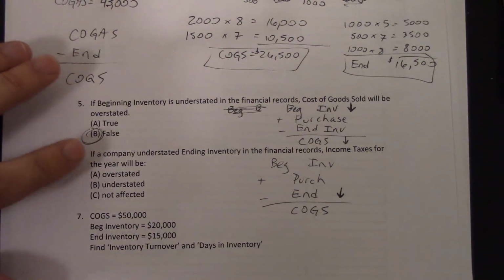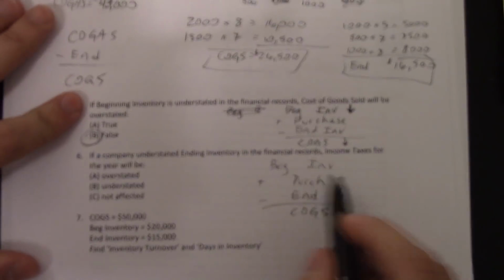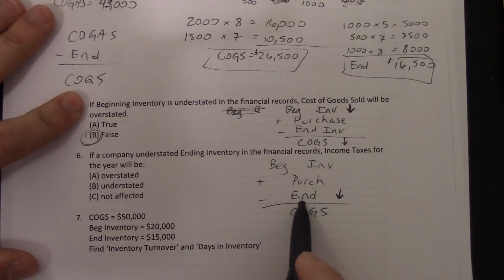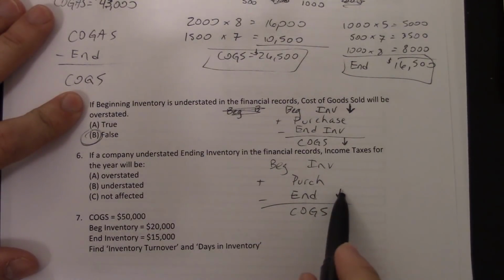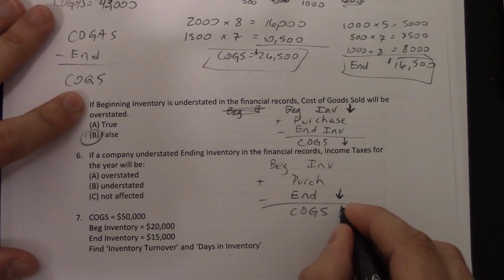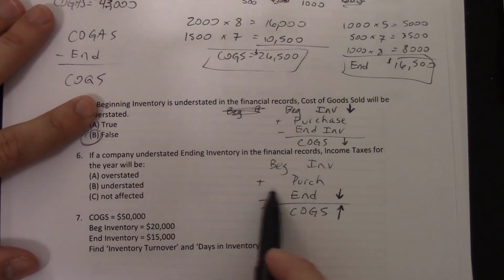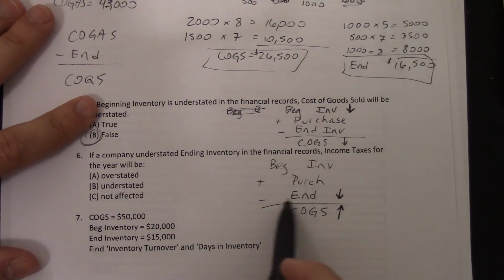How will that affect income taxes? This one's going to be, we're going to be jumping through some loops, but hold on tight. So ending inventory is understated, which means cost of goods sold will be overstated because we're subtracting a small number.